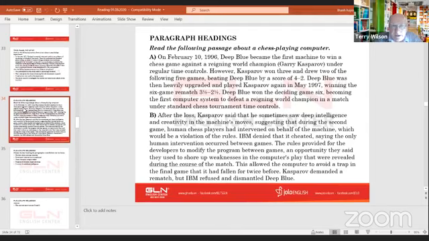And if we look in paragraph B on the 2nd line, Kasparov suggested that during the 2nd game, human chess players would intervene on behalf of the machine.